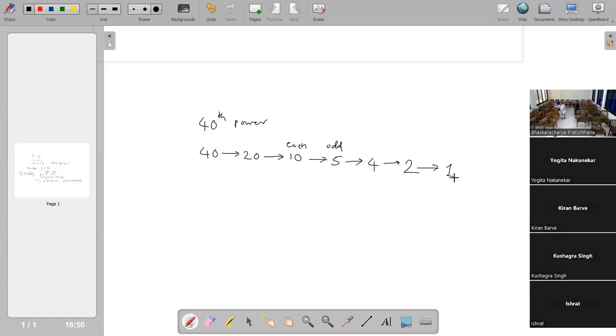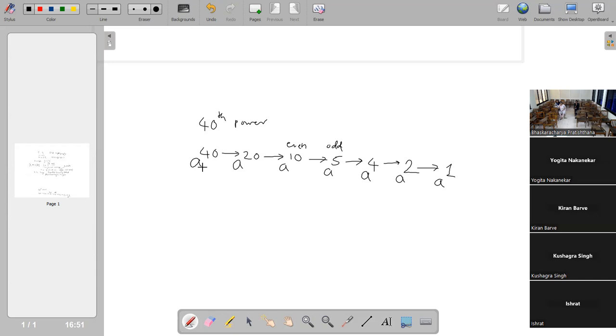So Bhaskaracharya mentions that if you want to get powers, starting with A raised to 1, you square, you get A raised to 2. Now you square, you get A raised to 4. Now you multiply by A, so you get A raised to 5. Now square it, you get A raised to 10. Then square it and square it, A raised to 40.